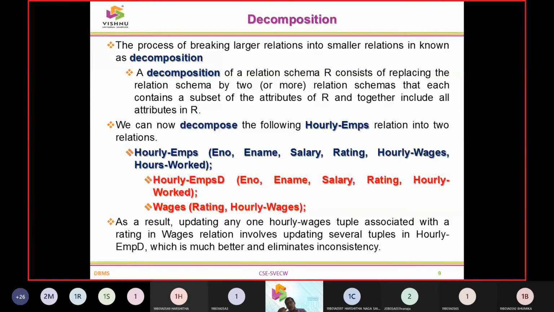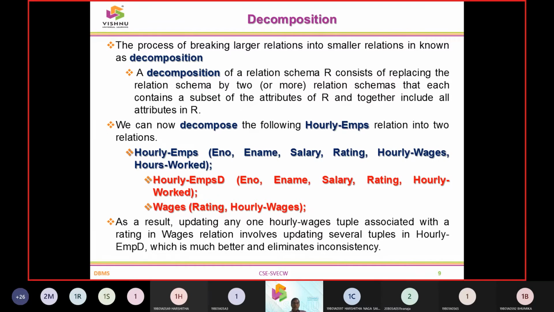So why does decomposition come into the picture? The simple reason is we have redundancy in data. Why is redundancy there? Because of three anomalies. What are those three anomalies? One is insert, two is update, and the other is delete. So we need to fix insert, update, and delete.